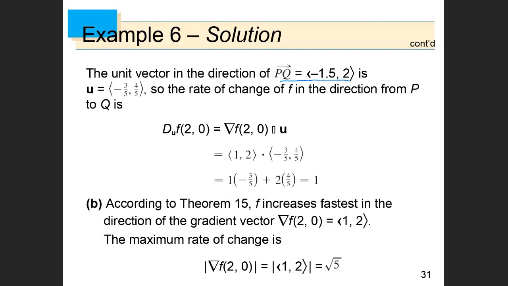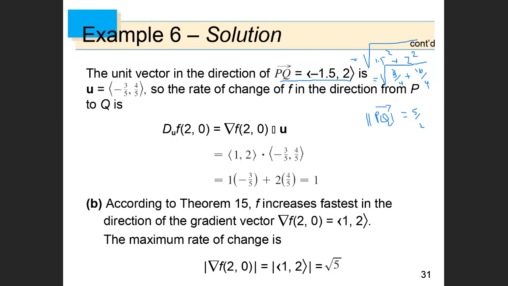Here, the norm of PQ is going to be the square root of 1.5 squared plus 2 squared. If you want to write it in fractional form, it's 3 over 2 squared, so 9 over 4, plus the 4 here, which is 16 over 4. So you end up with the root of 25 over 4, so it's 5 over 2. This is the norm of PQ.